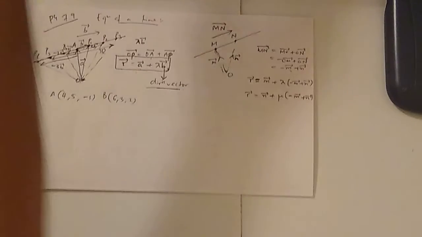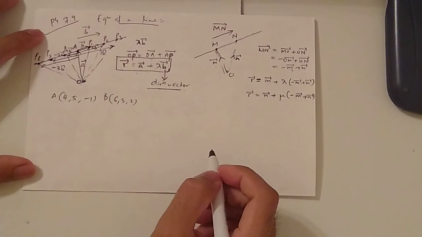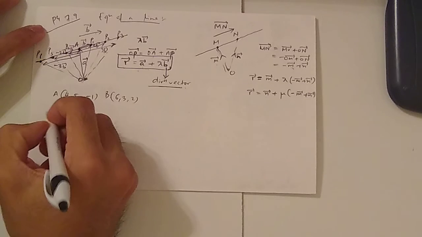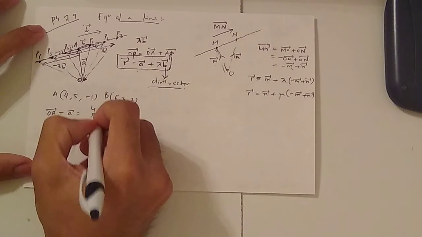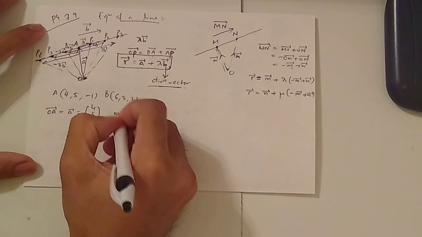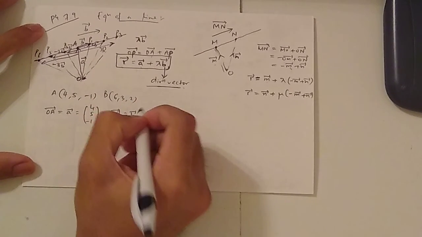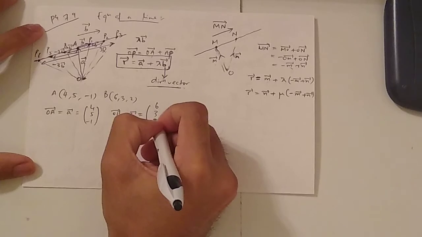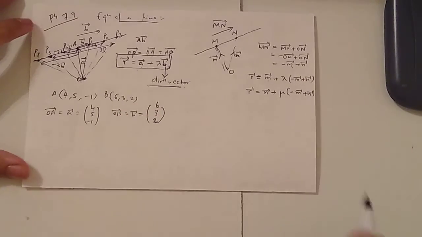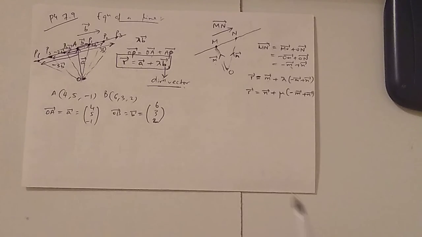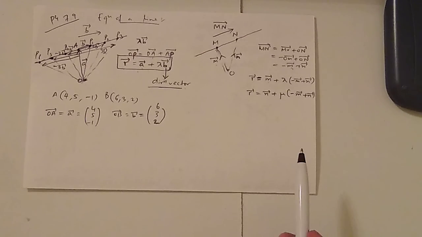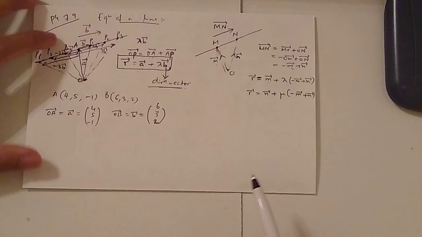Since A and B have these coordinates, we can find the position vectors of A and B. Position vector of A is 4, 5, minus 1. Position vector of B is 6, 3, 2. Now we do need the direction vector. We do have 2 points on the line, we can use any one of them, it does not make a difference, but we need the direction vector for this line.